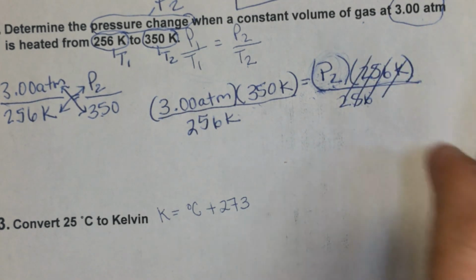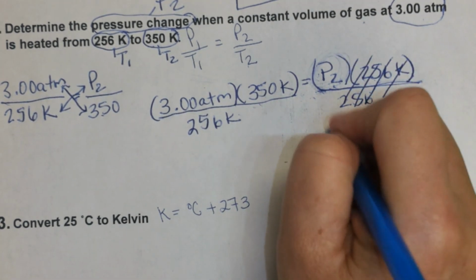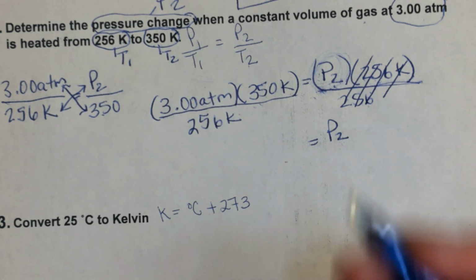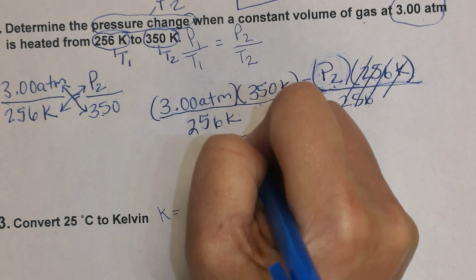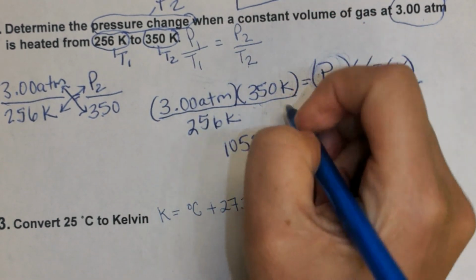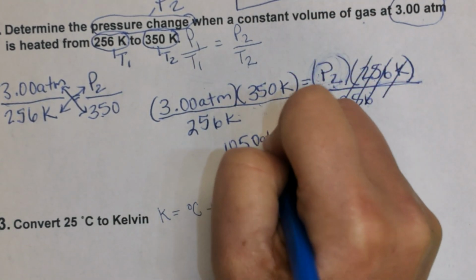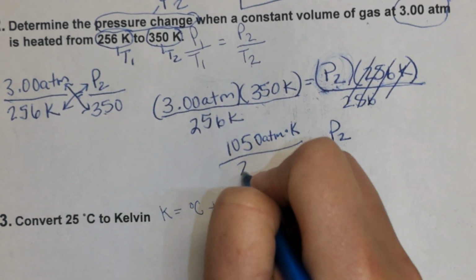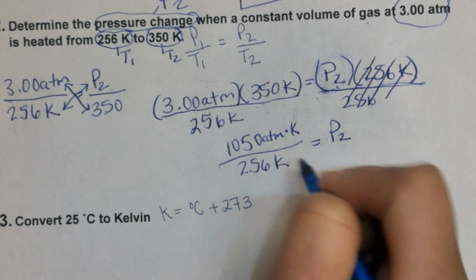And now we are ready to solve it. So P2: now 3.0 times 350 Kelvin, we've got to multiply that first. That would be 1050 atm times Kelvin divided by 256 Kelvin.